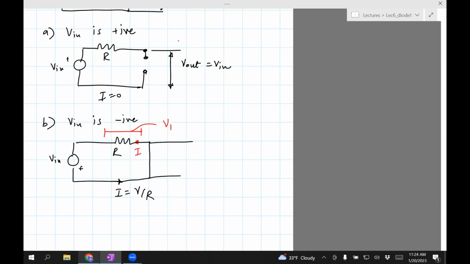The voltage across the resistor will be I times R, where I is V divided by R, or V in divided by R times R, which is V in. And then the V out will simply be 0, because there is no voltage drop between these 2 points. There is just a piece of wire, and that wire we assume has no resistance. So V out is 0. And now, given these 2 conditions, A and B, we are now ready to make the plot.